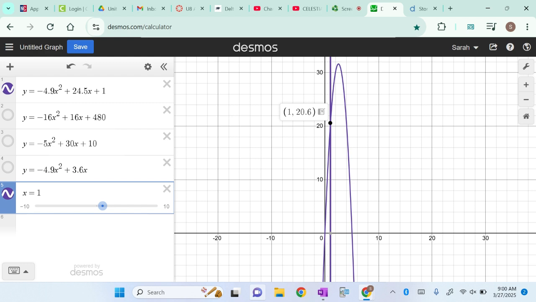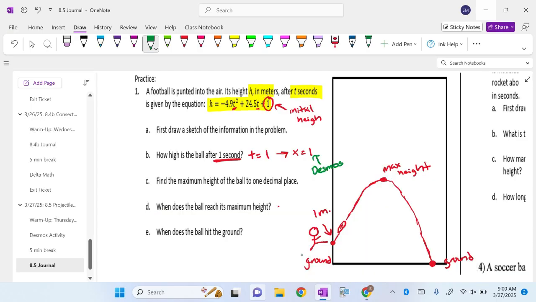And it asks what the height is after 1 second. What is that height? 20.6. Good. So h after 1 second would be 20.6 what? What's our units? Height's given in what? Meters. It's up at the top, guys.